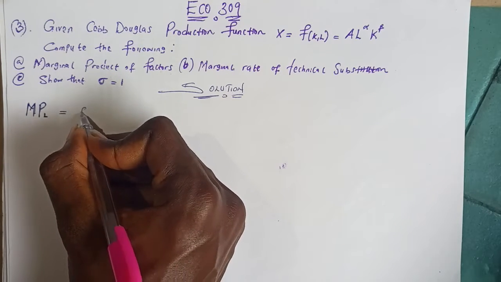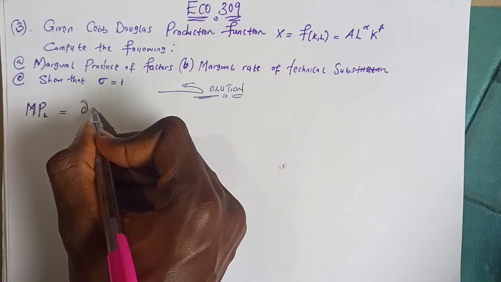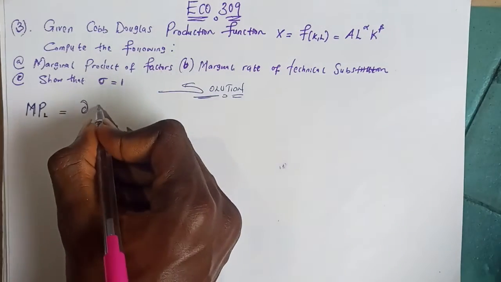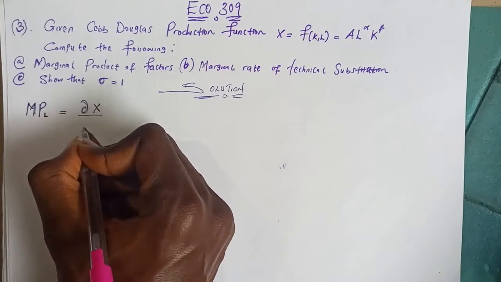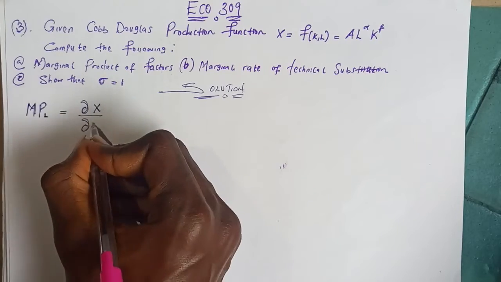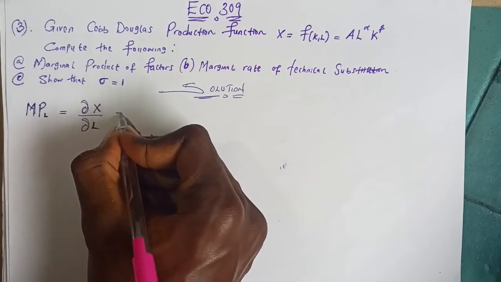That is, differentiate the production function x partially with respect to L. So how will you go about this?